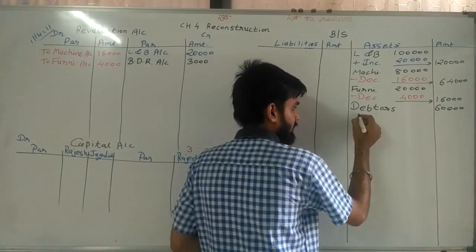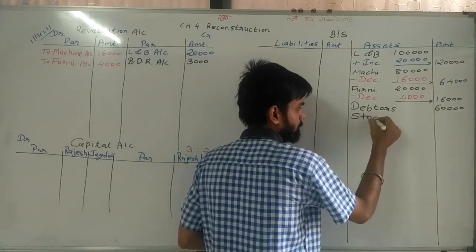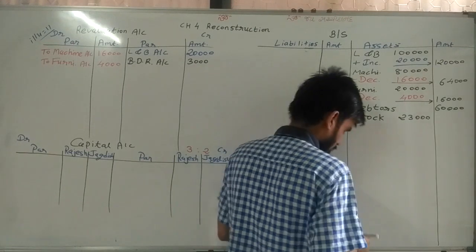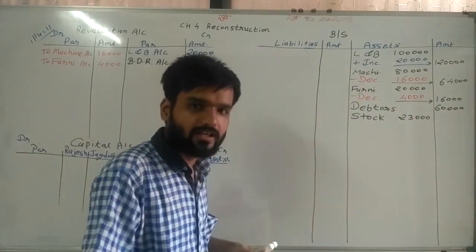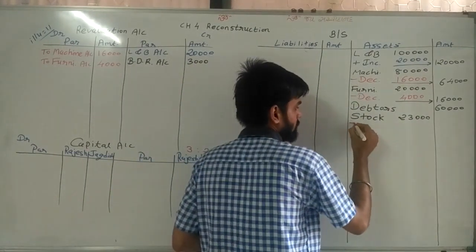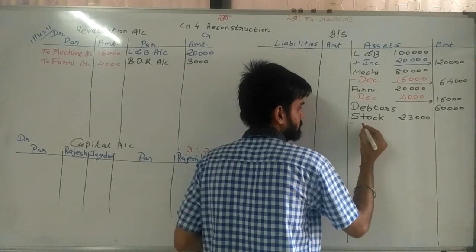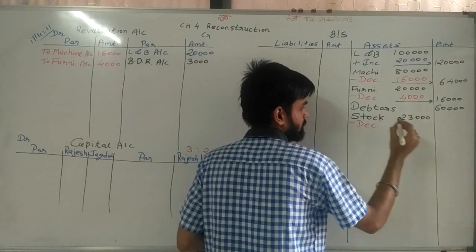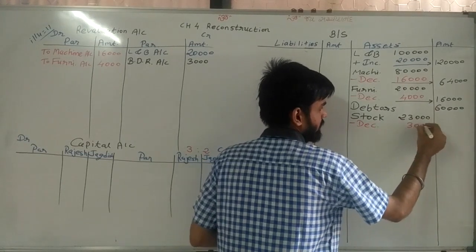So first of all I am writing stock here. Stock 23,000. From that repairing expense is deducted, minus decrease in stock 3,000.